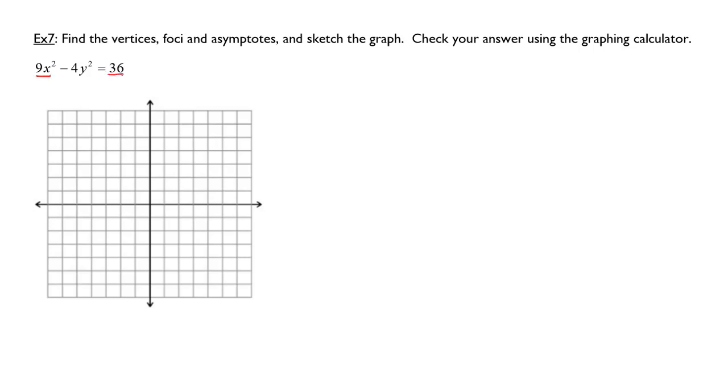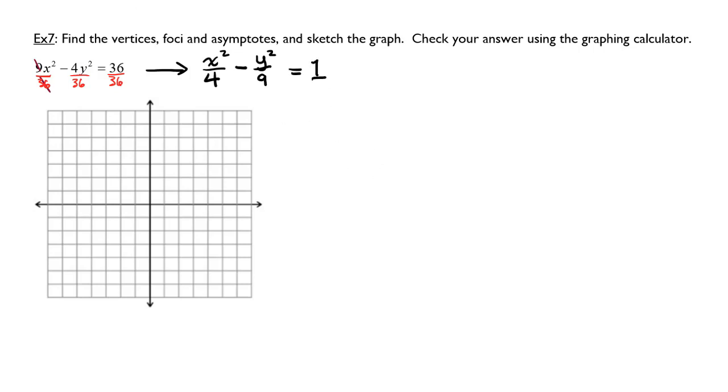I'm going to divide both sides by 36 to get a 1 on the right, which will also allow me to reduce my fractions. 9 and 36 reduce to just x squared over 4, minus y squared over 9 (this one reduces), equals 1.